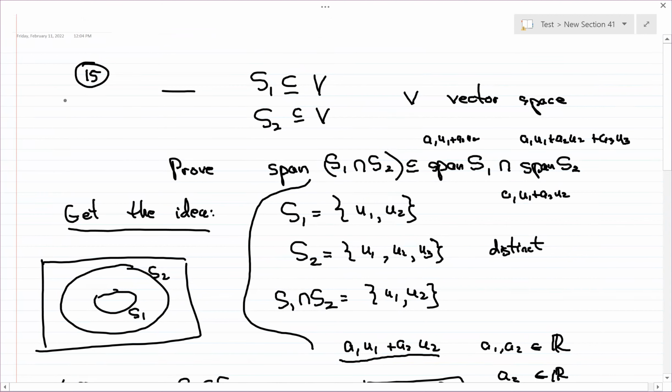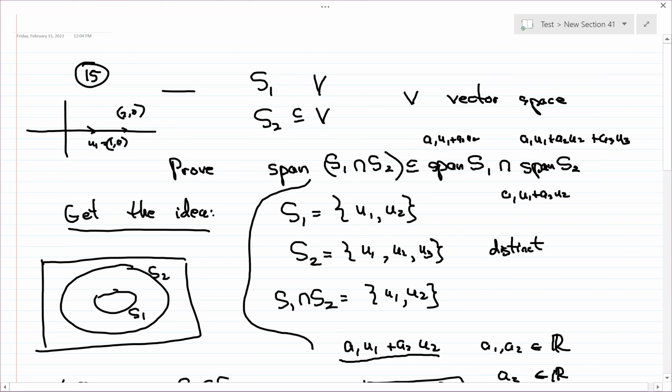The picture is this. Pick that to be U1. That's just 1, 0. Pick this to be U2, which is 2, 0. If you take the span of either one of these, you'll get the whole line that looks like a, 0. When you intersect those, you get that line.